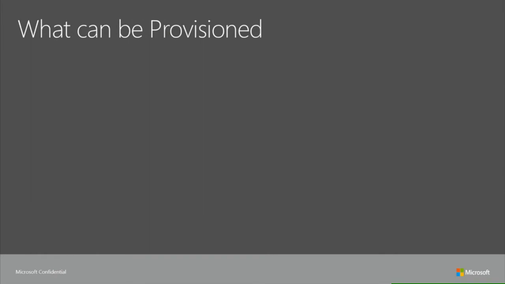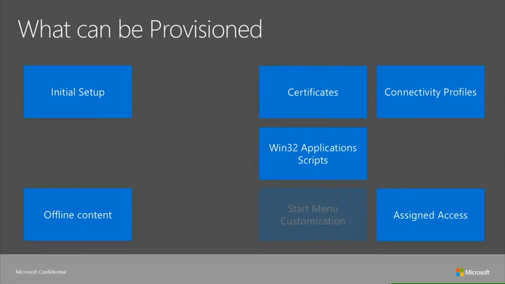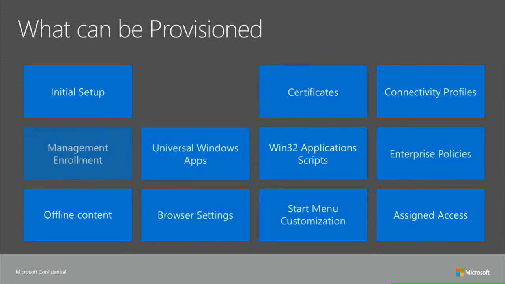Now, what can be provisioned? You're probably asking. Quite a few things. So these are only major groups of settings and customizations that runtime provisioning allows to configure. Most of these things can be controlled through mobile device management.